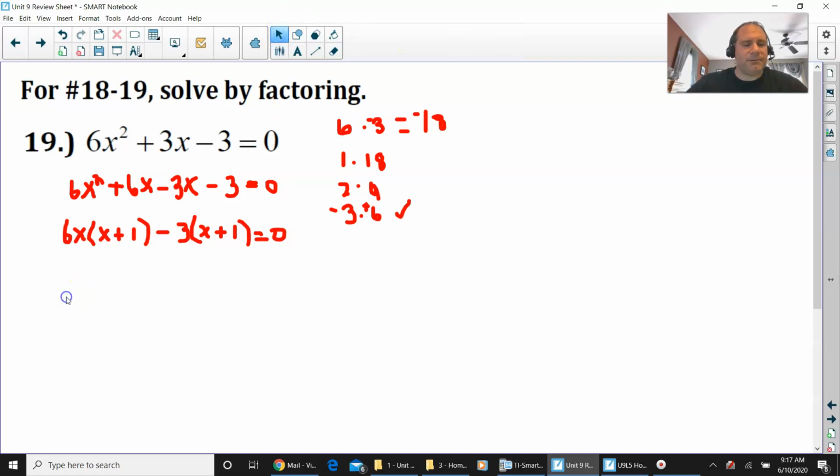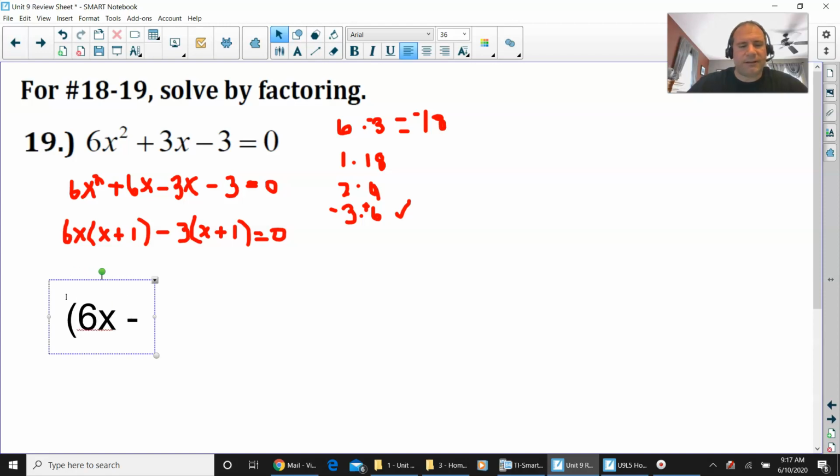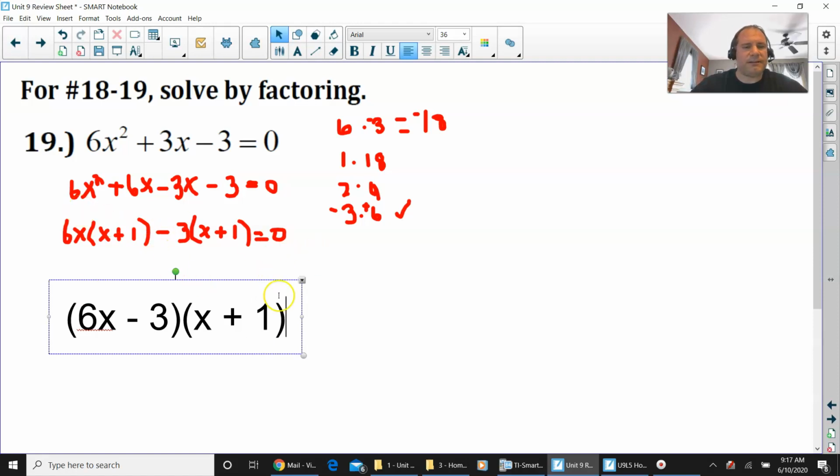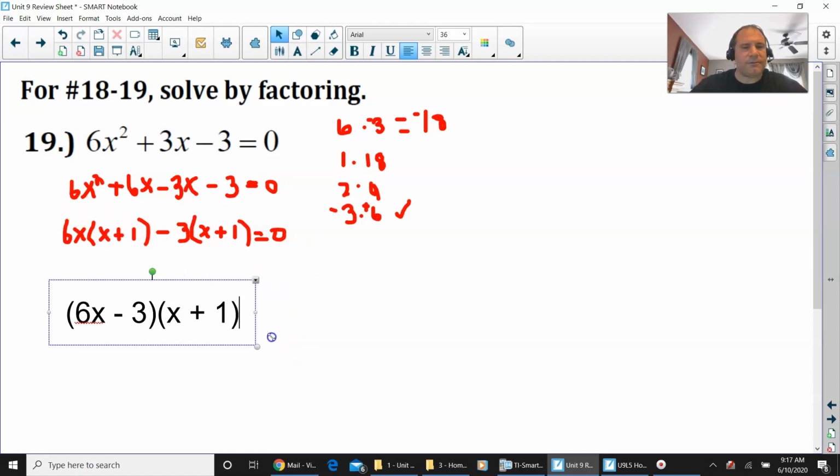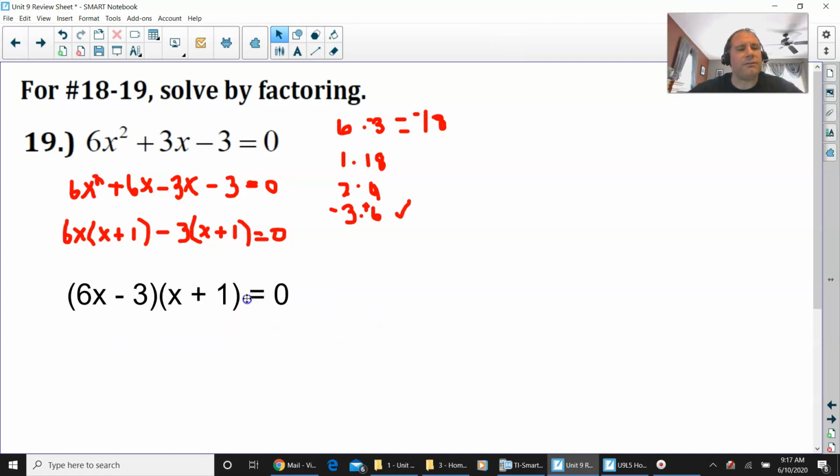So instead of me butchering these all over again, I am going to make up my binomials as 6x minus 3 and x plus 1, using the binomials in the middle of these parentheses, (6x minus 3)(x plus 1), and that equals 0. And you guessed it, that's what you're going to make your two equations from.